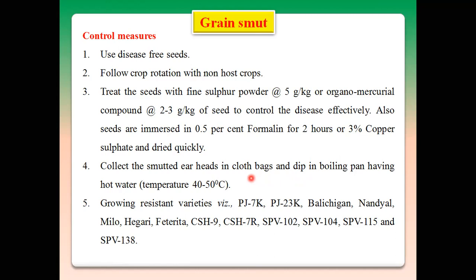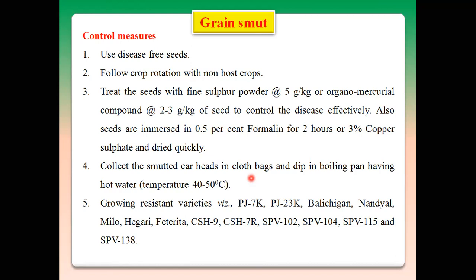Means cover the airheads with the gunny bag from the top portion up to the end points. Then the gunny bag is tied with the help of strings and then cut the airhead below the infection point, by covering the gunny bag over the airhead.